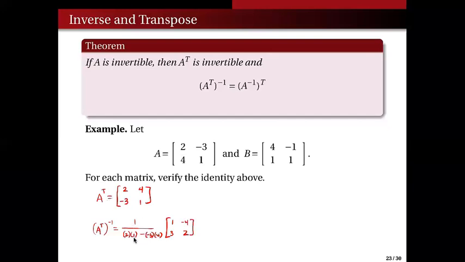And this guy here is 2 plus 12, correct? So that's 14. So we have 1 over 14, -4 over 14, 3 over 14, and then 2 over 14. So this is A transpose inverse.